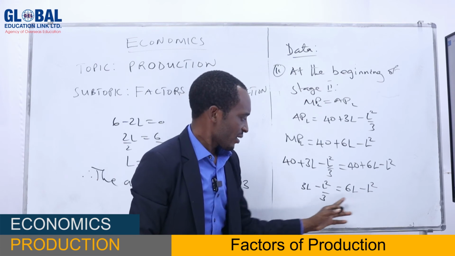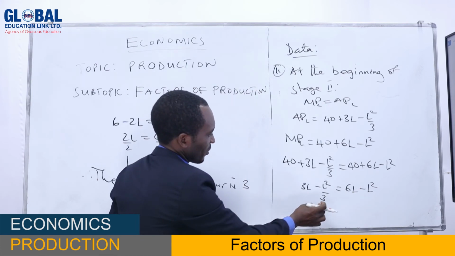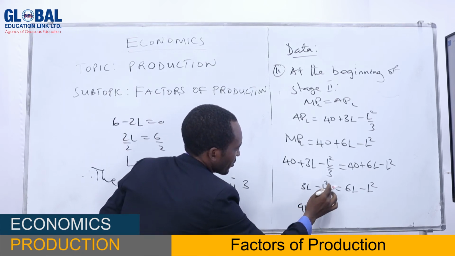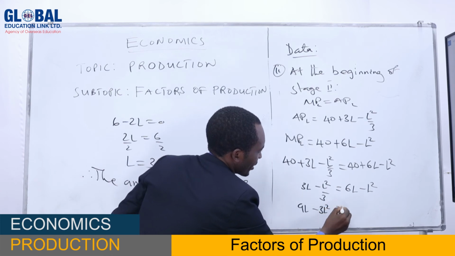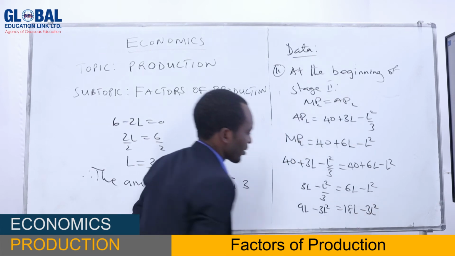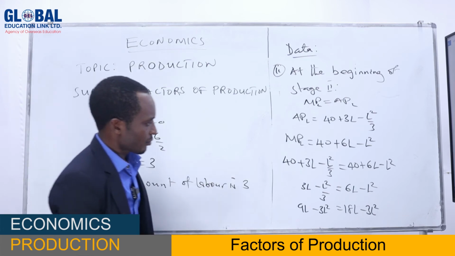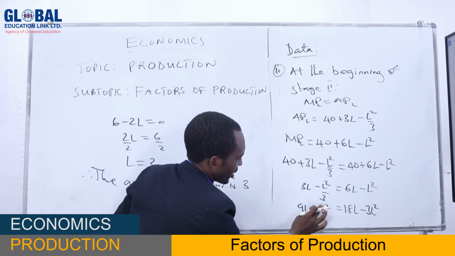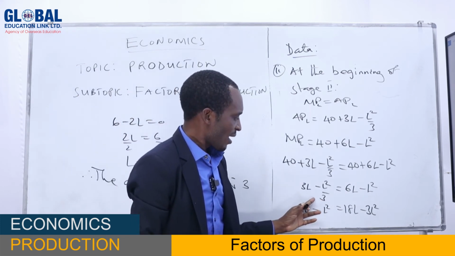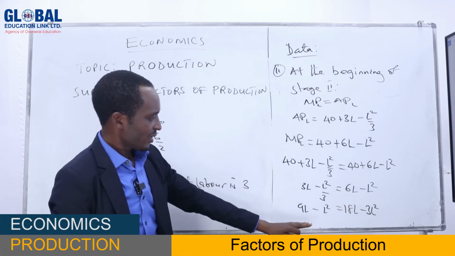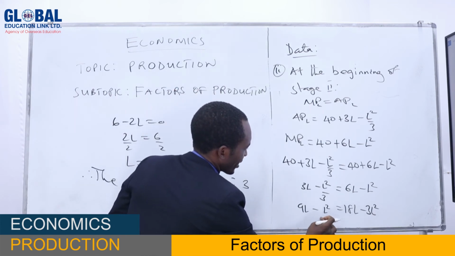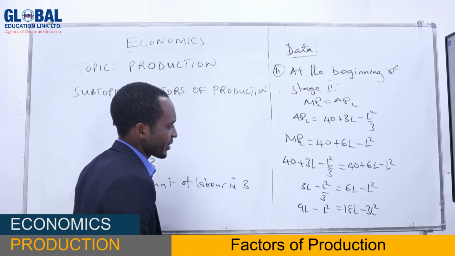So when you multiply throughout by 3 to remove this fraction, here will be 9L minus L square equals 18L minus 3L square. You collect the like terms on the same side.